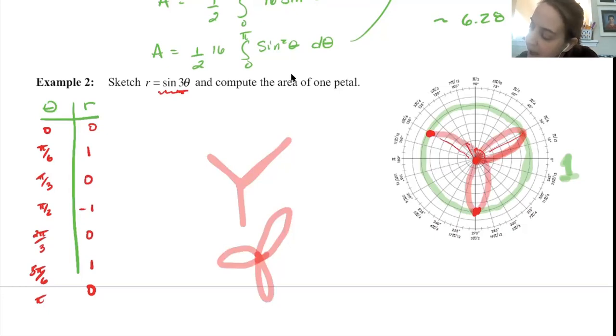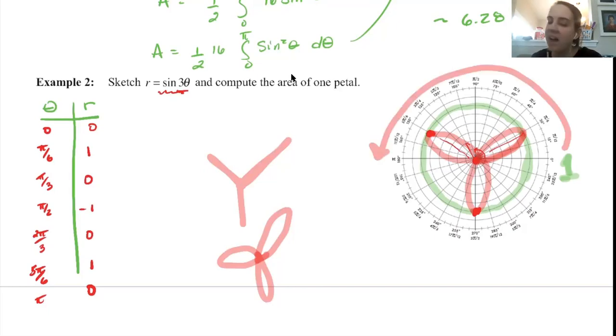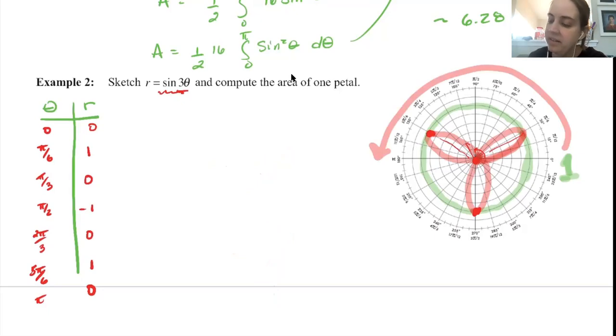And then at pi, we're back down here at 0. So even though we're only sketching between 0 and pi, you actually get that full picture with the negative radius. So let's do some calculus. You can confirm that in your calculator. That's exactly what it would look like.